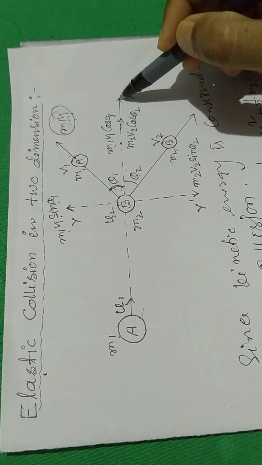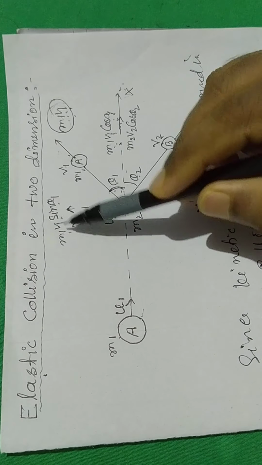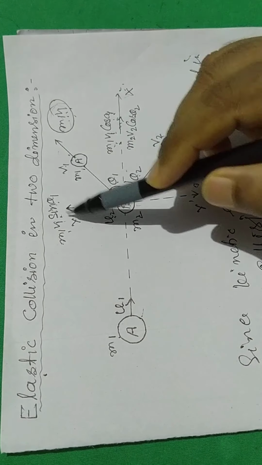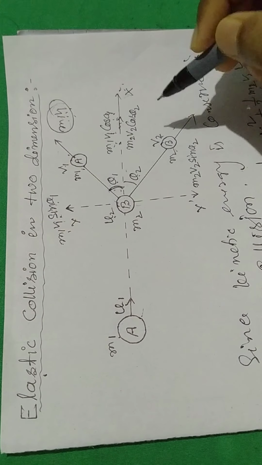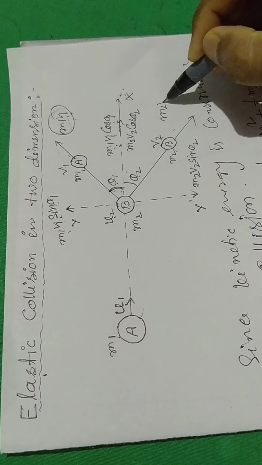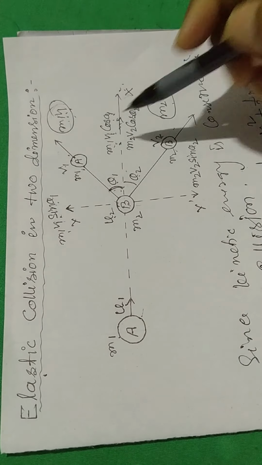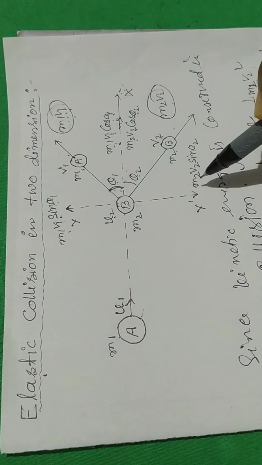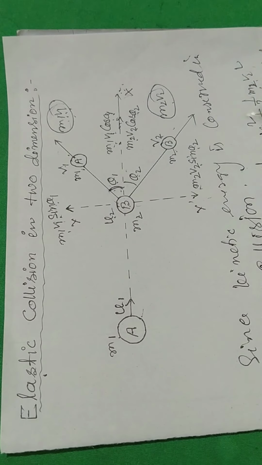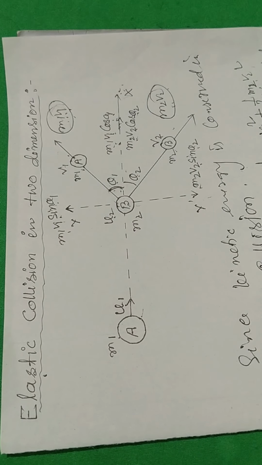One component is along the x direction, that is m1 v1 cos theta 1, and another component, m1 v1 sin theta 1, is along the y direction. Similarly, the momentum of body B after collision, m2 v2, is also resolved into two rectangular components: m2 v2 cos theta 2 along the x direction and m2 v2 sin theta 2 along the y direction.